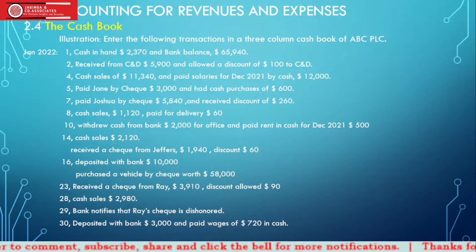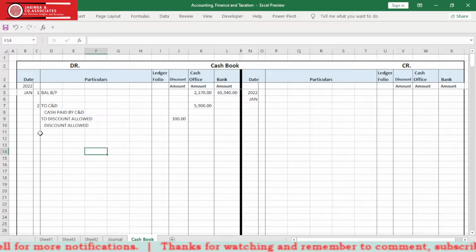And then the next transaction, we're being told cash sales were 11,340 and paid salaries for December by cash of $2,000. So we had cash sales on 4th, 11,340.